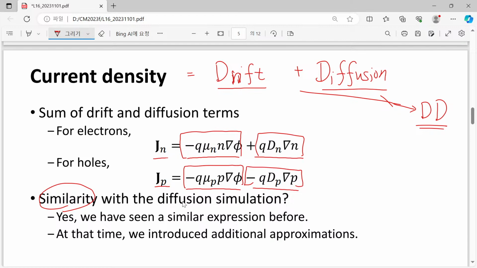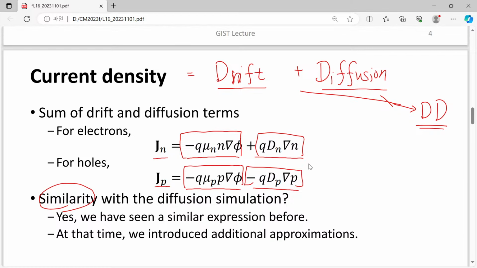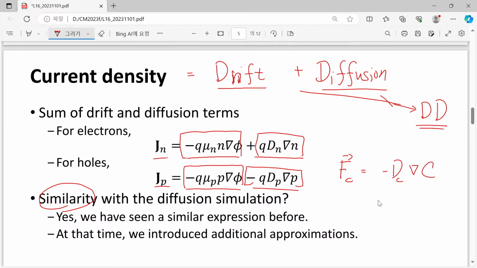Even in the case of our diffusion simulation, we consider the flux, and of course flux is more or less related to something like this, dc over c. However, at the end of our previous diffusion simulation part, we introduced another term related to the electric field.